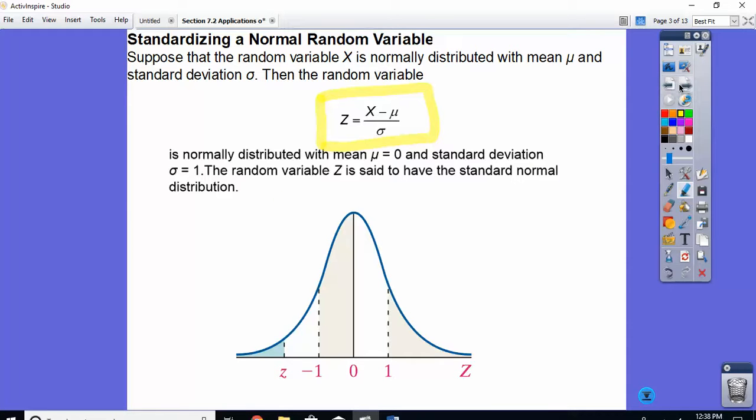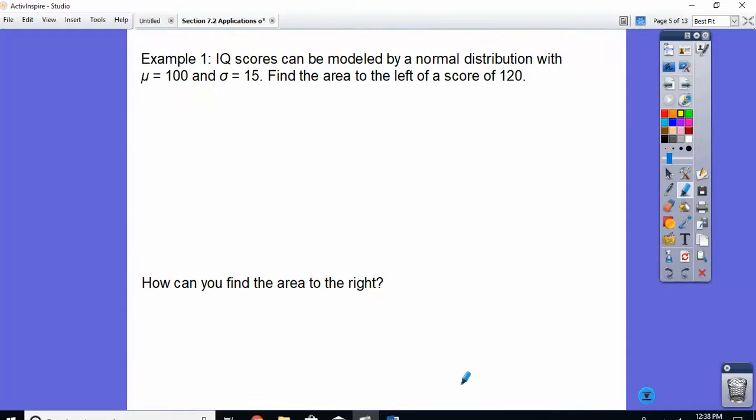Let's look at a problem. Let me give you a second to write this down before I work through it. Scores are normally distributed with a mean of 100 and standard deviation 15. Find the area to the left of a score of 120. If you just went to your table, does it have 120 on this table? No. That's why we have to convert it to a z value.